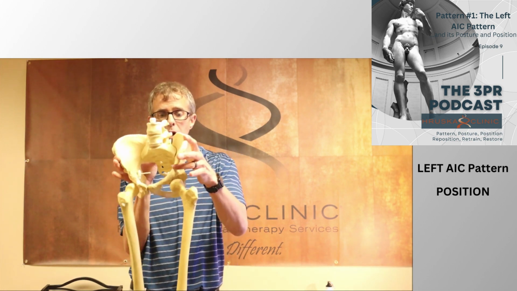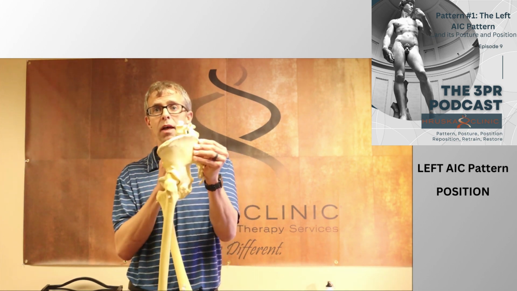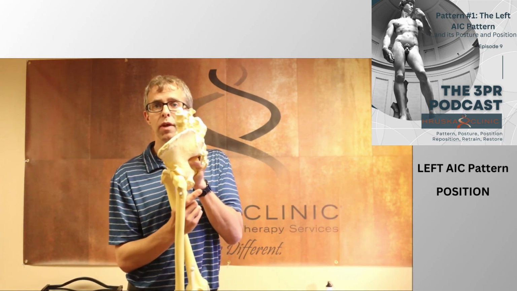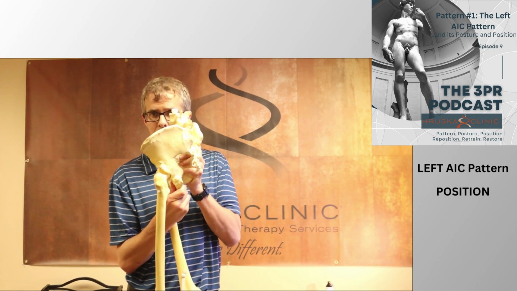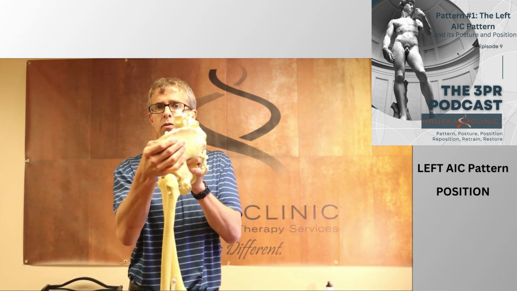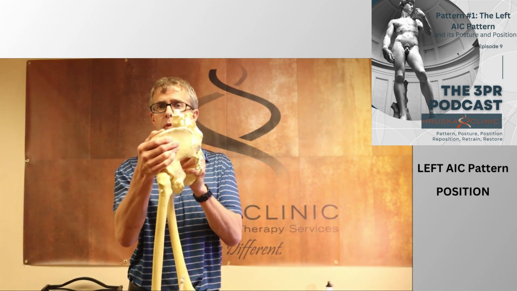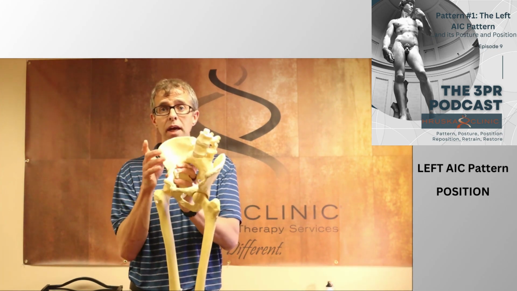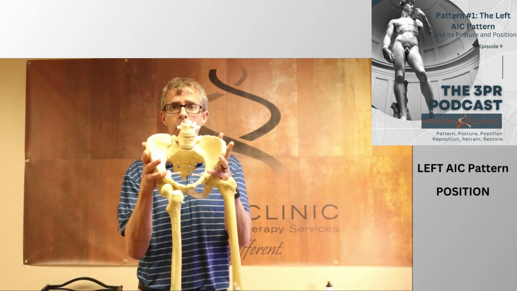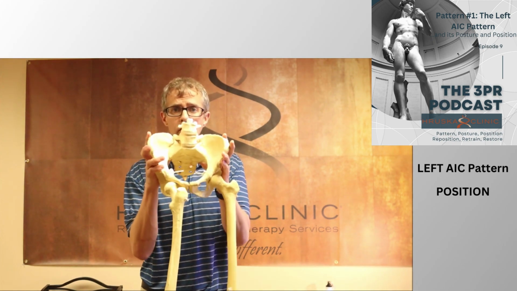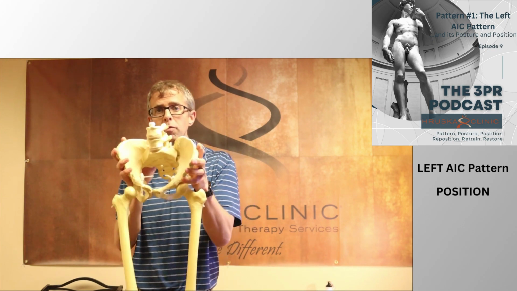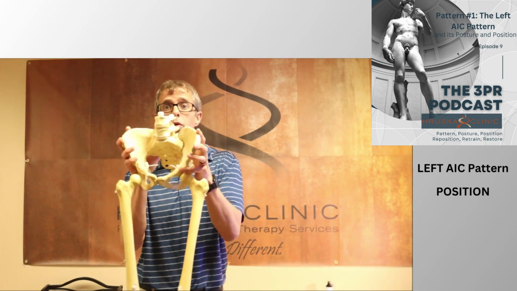As that left pelvis goes forward, it has an impact on the alignment of the socket and anything that attaches to it, including the hamstrings that attach to this butt bone. We've had some talk about position of hamstrings. The position of this bone becomes more forwardly tipped on the left side compared to the right in a left AIC pattern. So the position of the pelvis in a left AIC pattern is left pelvis forward, right pelvis back, or oriented over to the right.